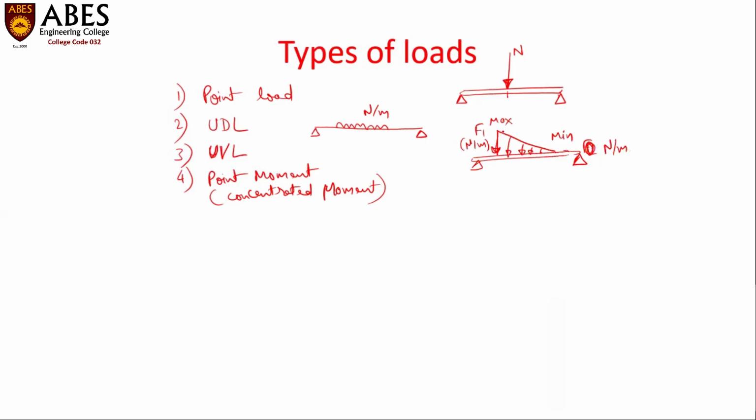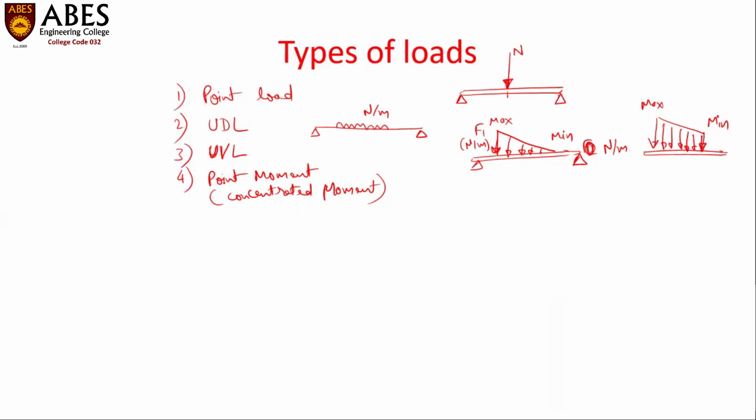So the intensity in Newton per meter varies from a maximum value to a minimum value. Therefore, the shape of the force can be considered like a triangular shape. So this type of load is called a UVL. It's not necessary that the minimum intensity is always zero. UVL can also be considered like this, when a load intensity varies from a maximum value to a non-zero minimum value. This type of load is also considered like a UVL.